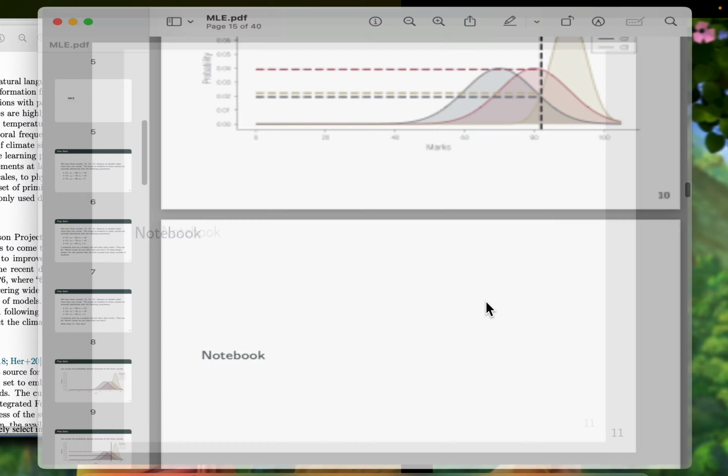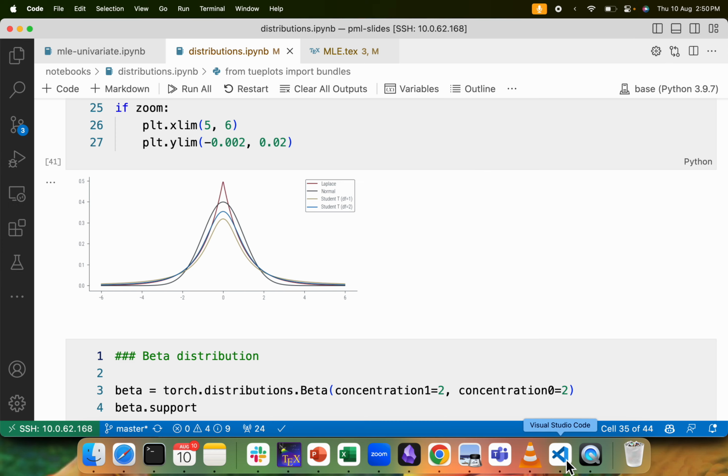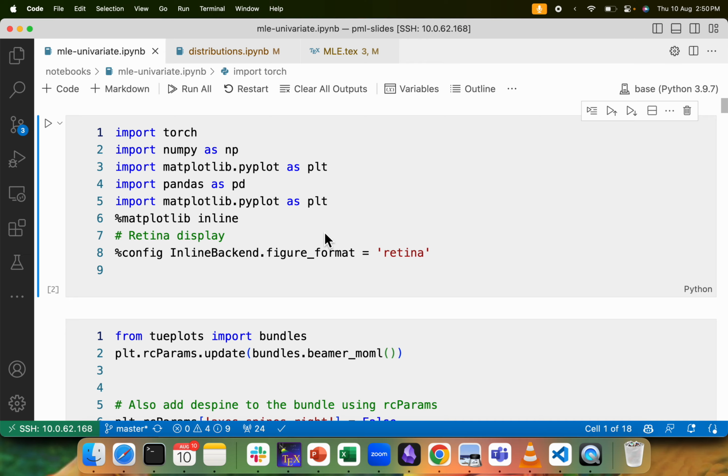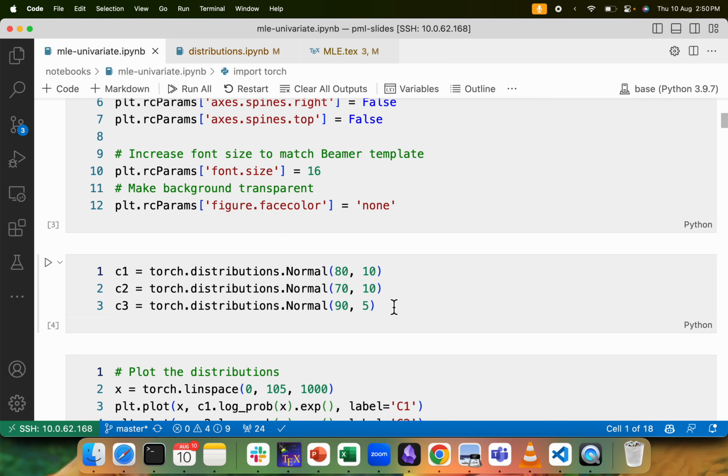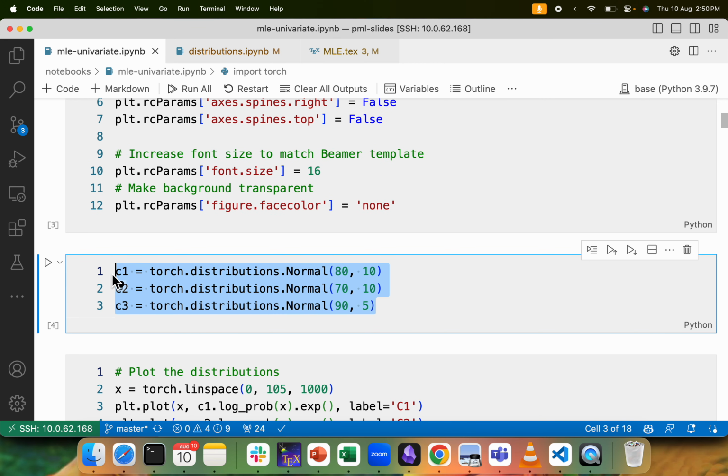Okay. So let's quickly look at a notebook for creating this. I have again defined the three distributions corresponding to the three classes, 80-10, 70-10, 95-10. And that's one thing I'll encourage in this course, that you try and write simple sample codes for illustrative, educational problems. You'll start seeing concepts much better.